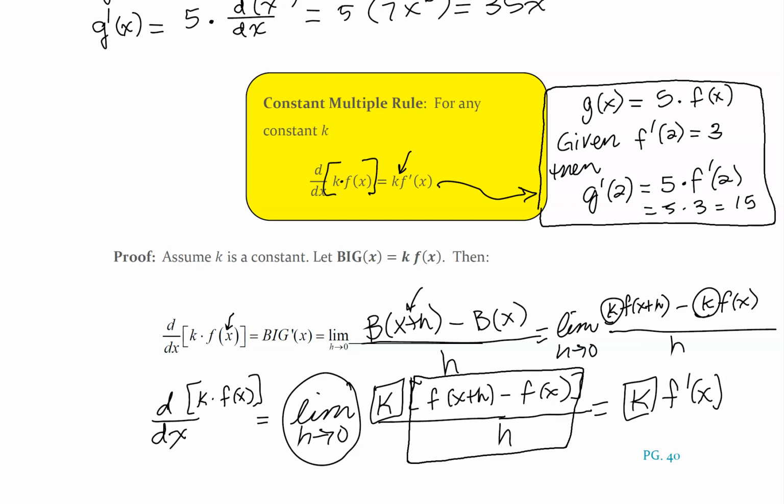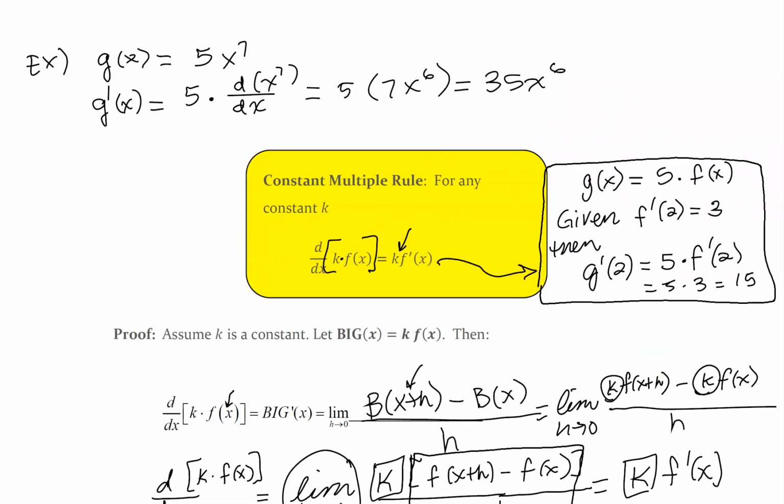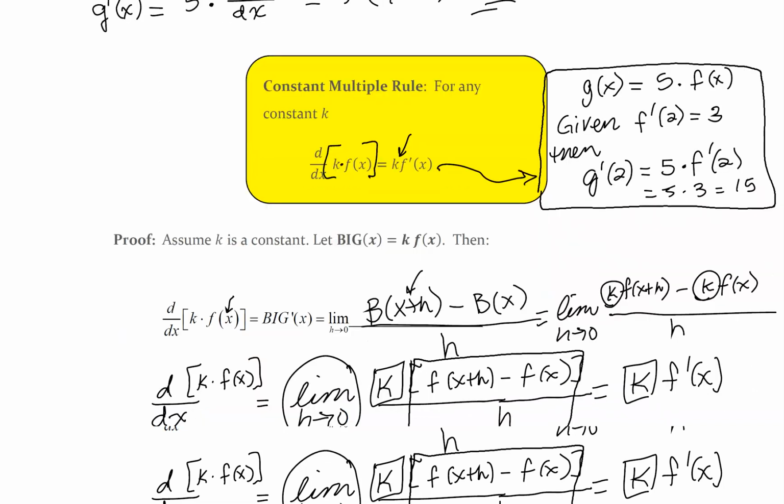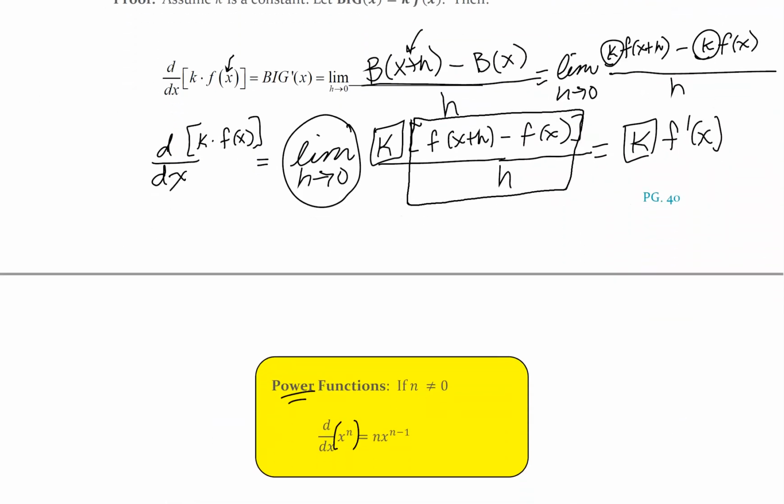So in short, when we have polynomials, we take the exponent, put it down, multiply by the constant, that gives us 35, and then one less is x to the 6. Okay?